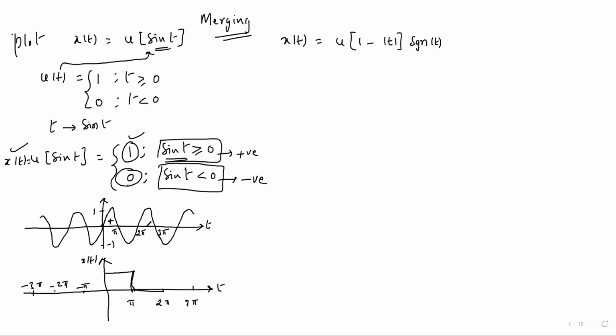Again, from 2 pi to 3 pi it is positive, so x of t amplitude is plus 1. Next, here also from minus pi to minus 2 pi, this is plus 1 amplitude, and so on.